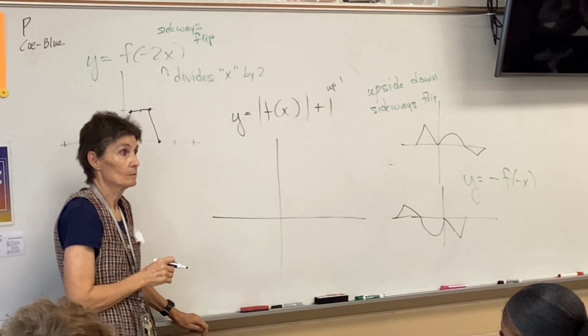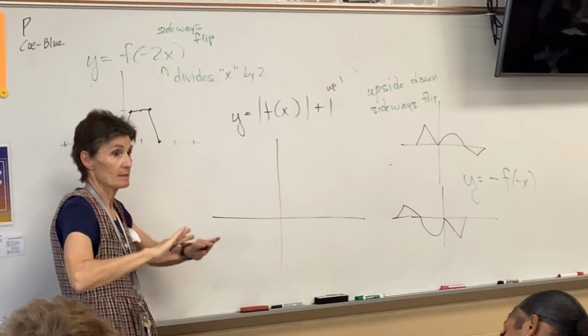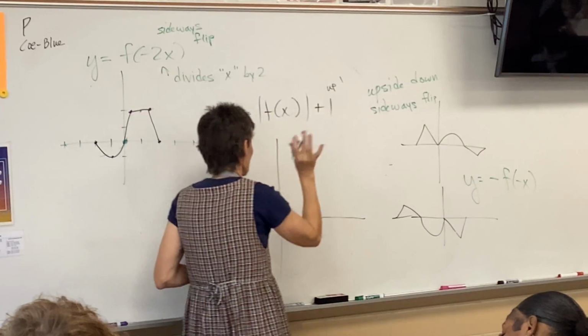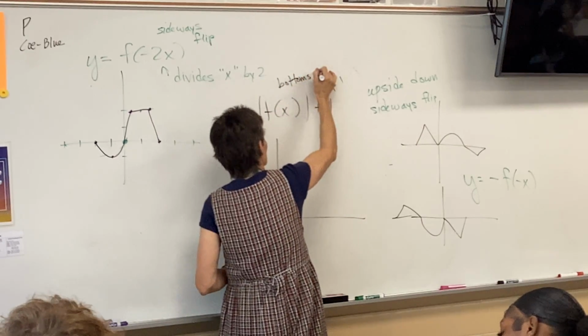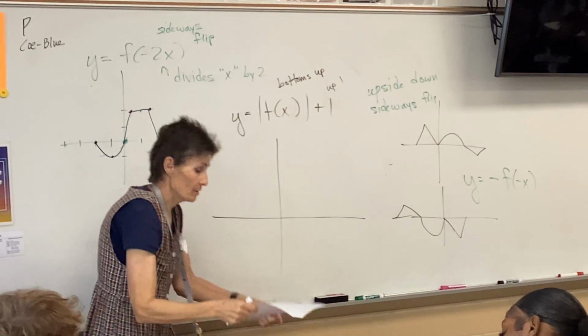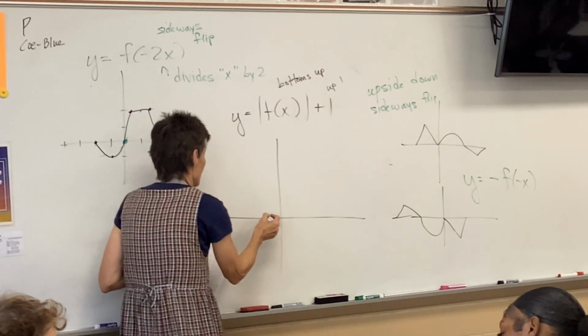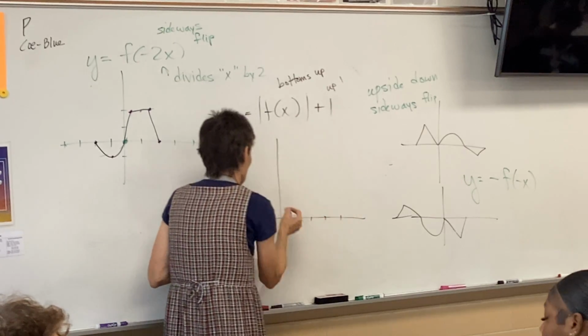The big absolute value is bottoms up, right? So top stays up, bottom comes up. So always go back to the original problem. So I'm going to do the bottoms up, take care of that first.